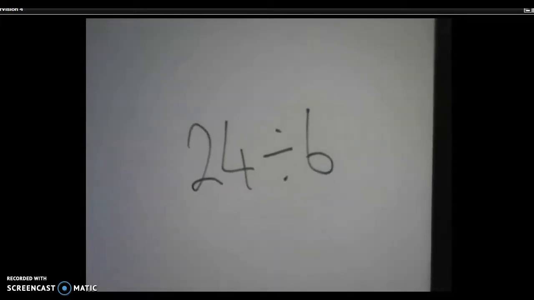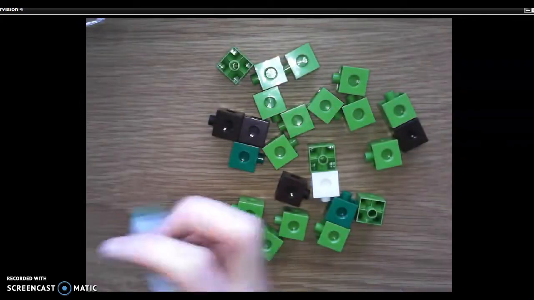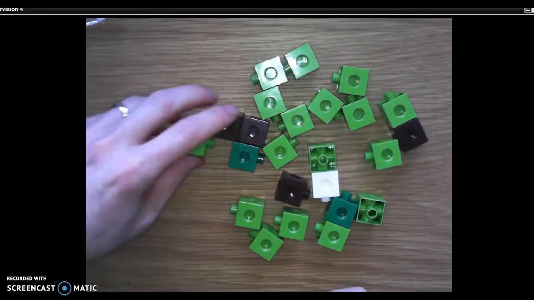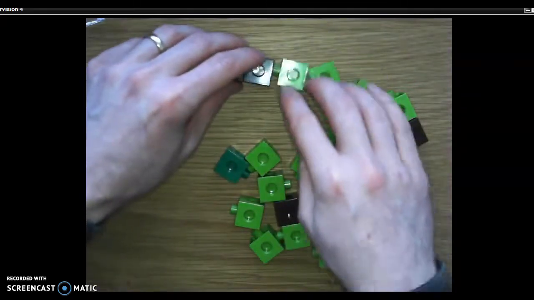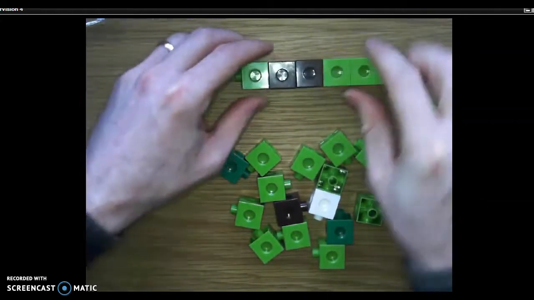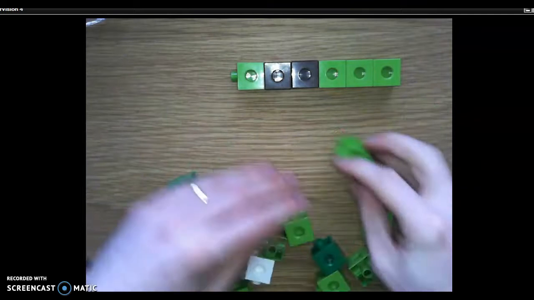Okay? So 24 divided by 6. Let's see how many 6s I can make. 1, 2, 3, 4, 5, 6. Again, 1, 2, 3, 4, 5, 6.